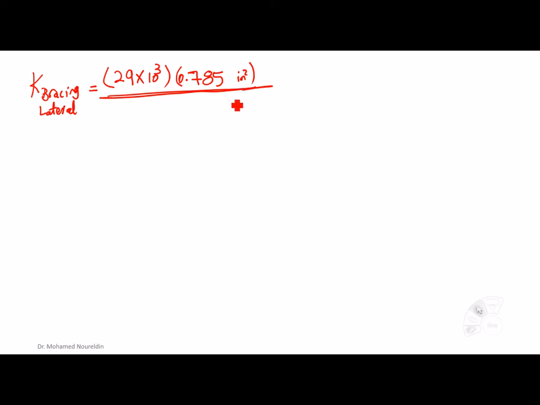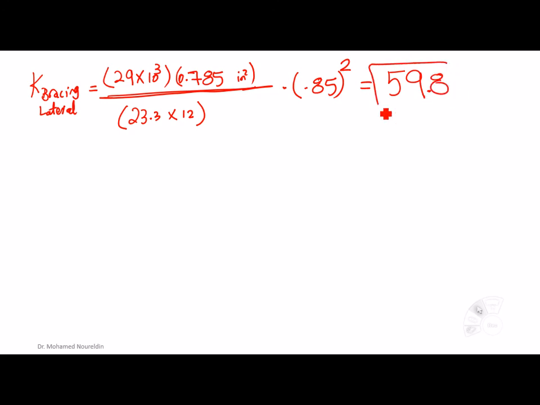Over the length, which is going to be 23.3, and we will multiply by 12 in order to convert to inches, and then multiply by cosine theta squared, which is 0.85 to the power 2. This gives us at the end 59.8, which is going to be in kips per inch.